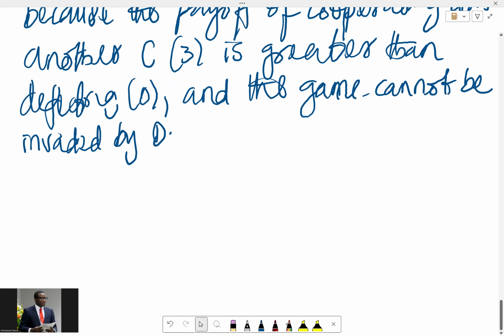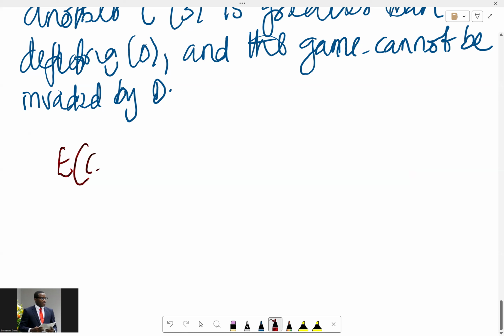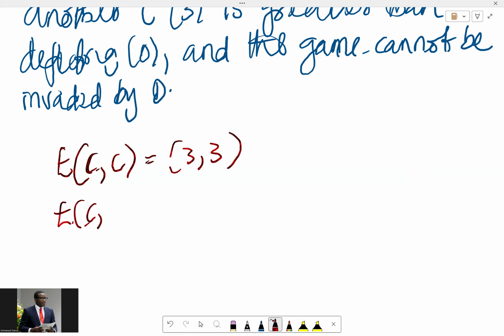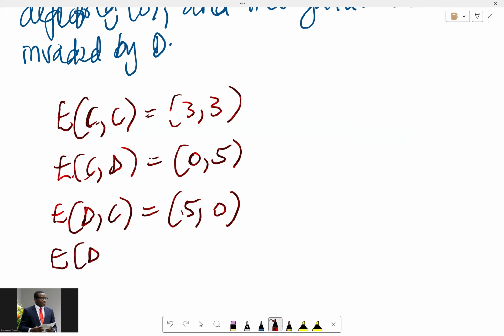So the summary of all this is that the expected payoff for both cooperating is 3, 3. Then the expected payoff of one cooperating and the other defecting is 0, 5. The defector gets a high point. Then for defecting against cooperation, the defector gets 5, the cooperator gets 0. And the expected payoff for both defecting is 1, 1.